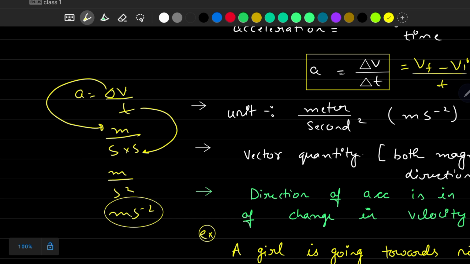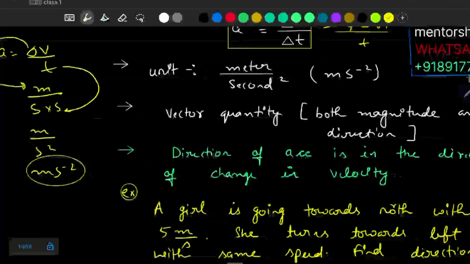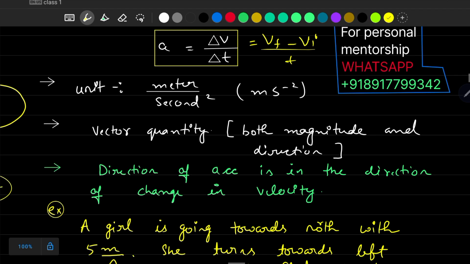So the unit of acceleration will be meter per second square. I hope it's clear to you. Again students, we know that velocity is a vector quantity, so acceleration will also be a vector quantity.